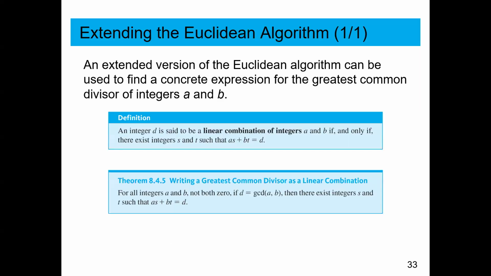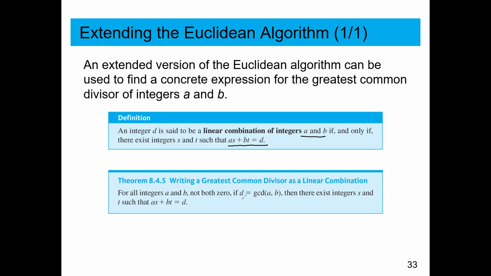So the idea behind this is this. I want to find a linear combination of two numbers, a and b. d is a linear combination of a and b if there exist integers s and t such that sa plus tb equals d. There could be more than one; in fact, it's usually either infinite or does not exist.